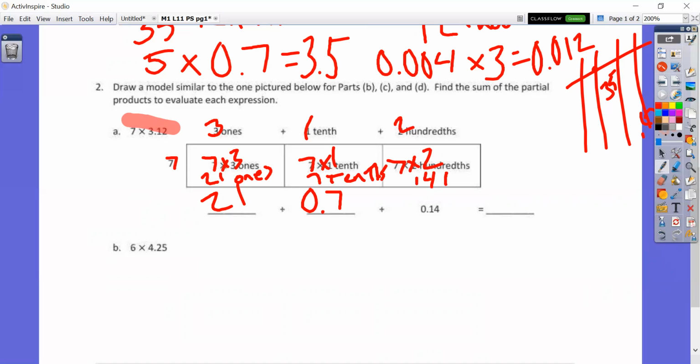And then 14 hundredths. Well, then how can we add those together? Well, you can try to do it in your head. Well, there's 21 wholes, and then there's 7 tenths plus 1/10, so that would be 8 tenths, and there's 4 hundredths left over. Now, if you couldn't do that in your head, that's okay. Stack them and add them, like we were doing in the concept development video.